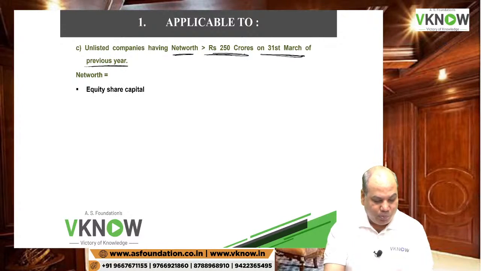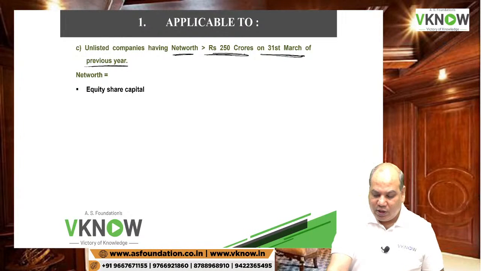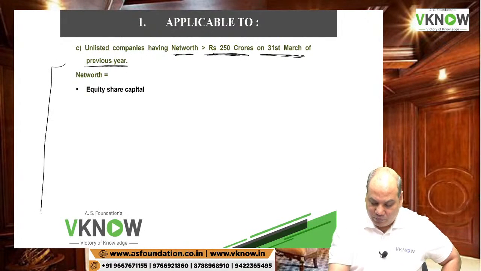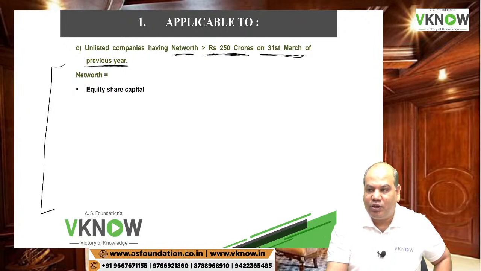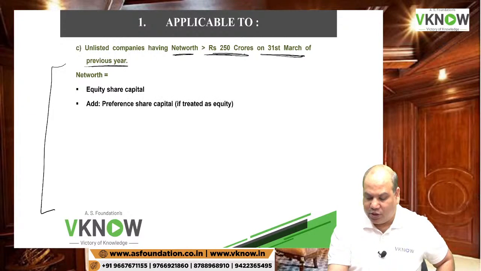And how do you compute the net worth? Now this can be a question for you in the exam, to check the applicability of Ind AS on the basis of the net worth criteria. So I have given a long list of items which you need to add or less. First, you will take equity share capital.